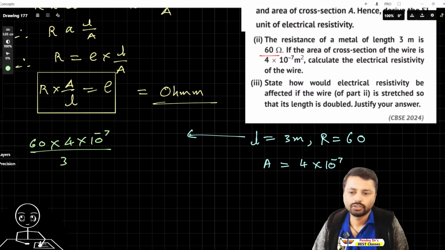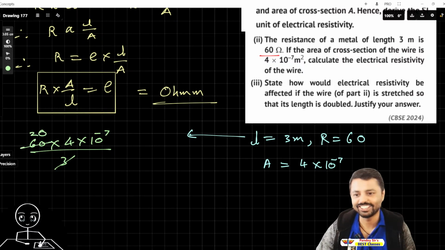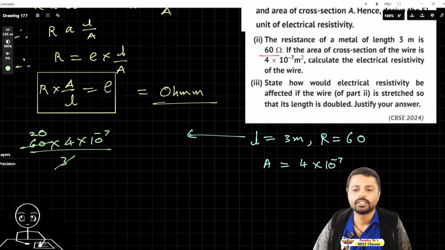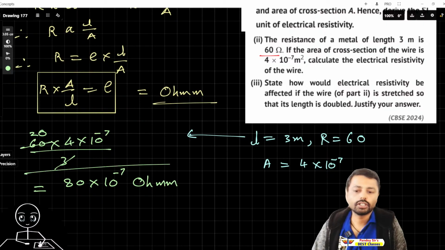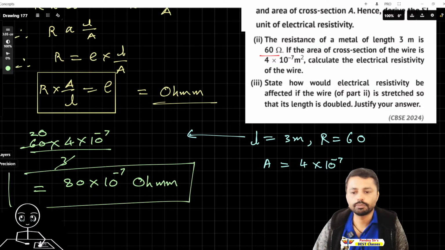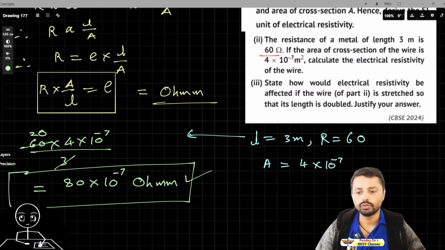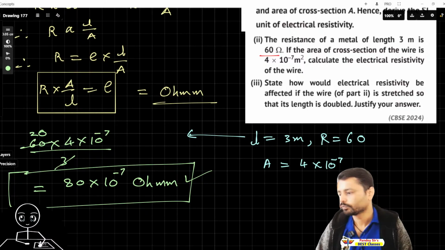So 3 twenties are 60, so 20 into 4 equal to 80 into 10 to the power minus 7 ohm meter. See, you would have got totally frustrated with this question without practice, but it can be solved as easily as that. So 80 into 10 to the power minus 7 ohm meter. That's the answer.